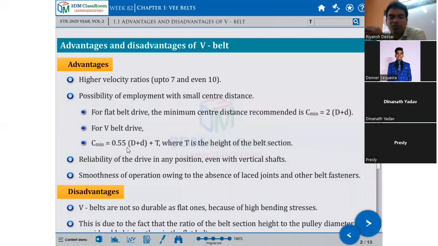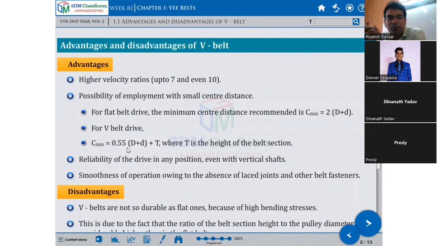So whatever distance you get from D plus d has to be multiplied by 0.55, almost half. Suppose 200, it should be almost half. Plus you have to add T, the height of the Vee belt section, A, B, C. That should be the minimum distance between the two pulleys.